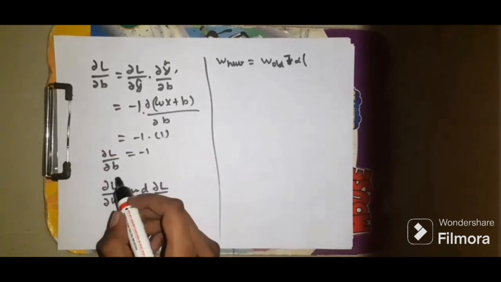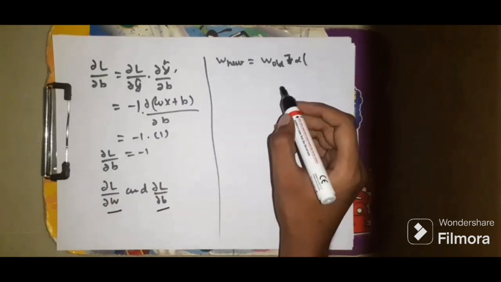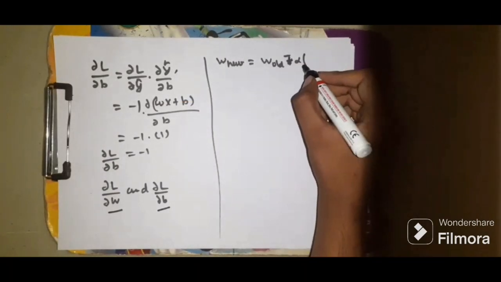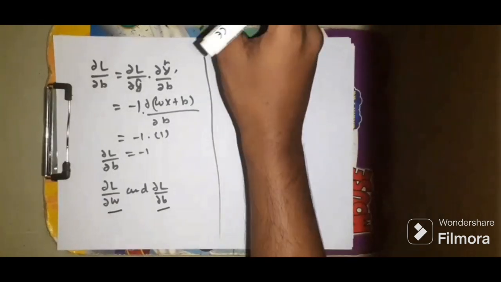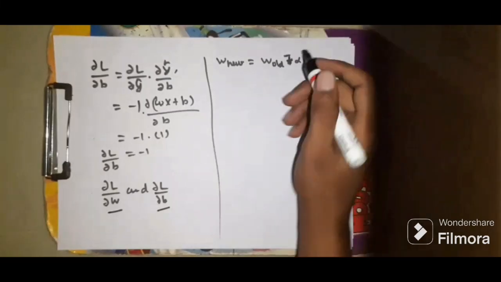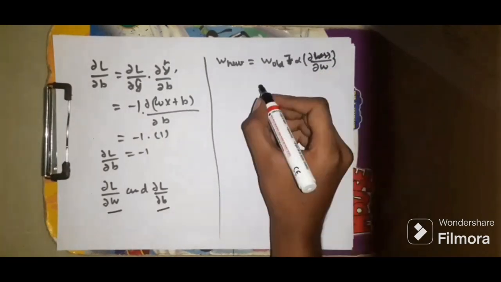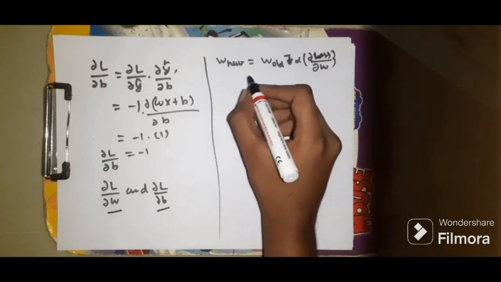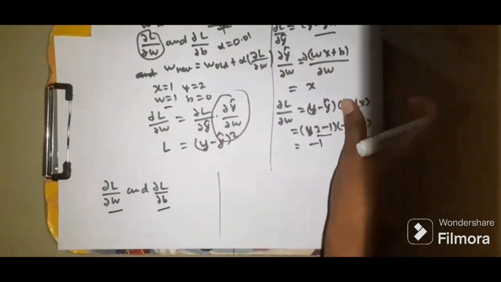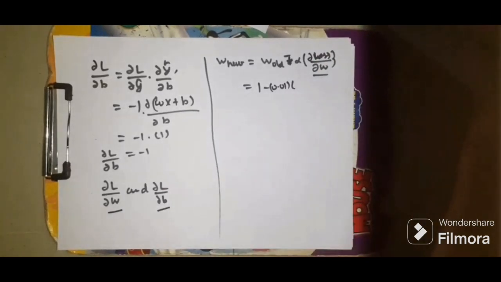In this, we are calculating the derivative of the loss with respect to the bias. First we have to calculate the derivative of loss with respect to the output of the network, and the derivative of the output with respect to the bias.